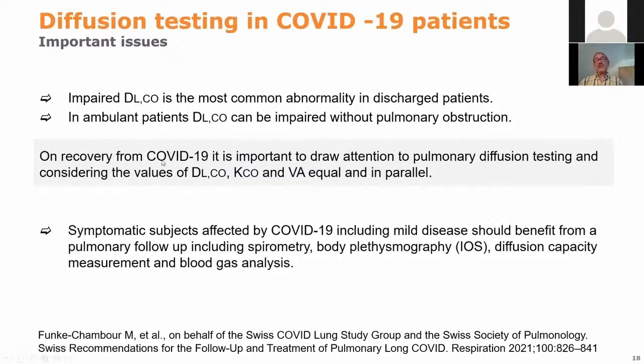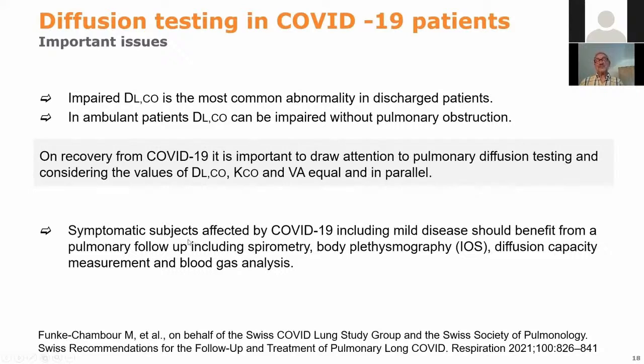On recovery from COVID-19, it is important to draw attention to pulmonary diffusion testing and to consider the values DLCO, KCO, and alveolar volume equally and in parallel. That means you have to look at all three values and not reduce it to KCO and think this is normalized by alveolar volume.